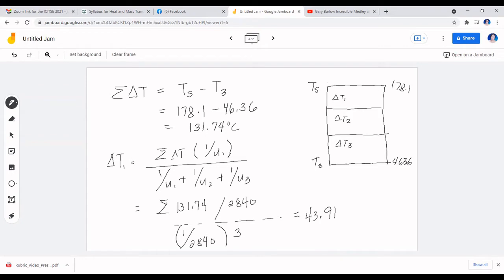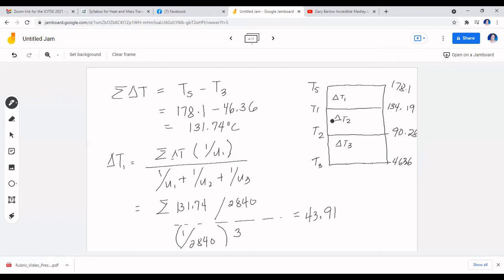Okay. So if we go back to our temperature distribution diagram, you just increment the temperatures here. So I will place here T sub 1, T sub 2, and we have T sub 3. So from 178.1, we subtract the 43.91. That would be 134.19, and we subtract another 43.91, that would be 90.28, and we subtract another 43.91, that should give us 46.37, more or less the same as our last here.